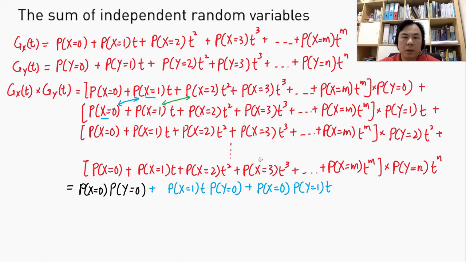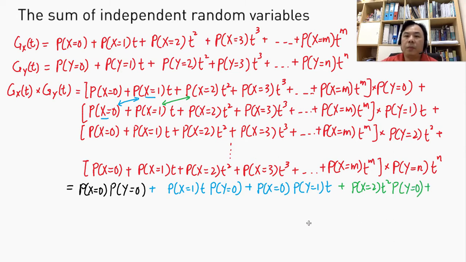Now we are done. Next we're going to look at the pair that produces term t squared. So for t squared, I will have Px equal to 2, t squared multiplied with Py equals 0.